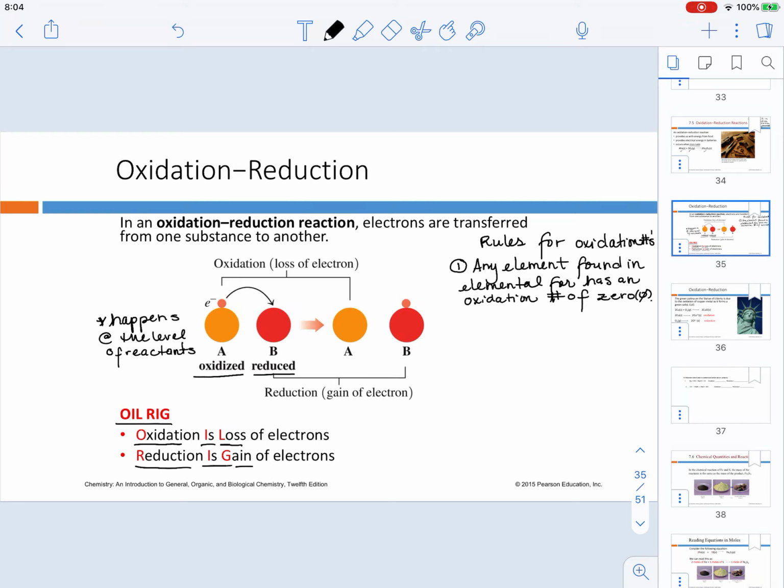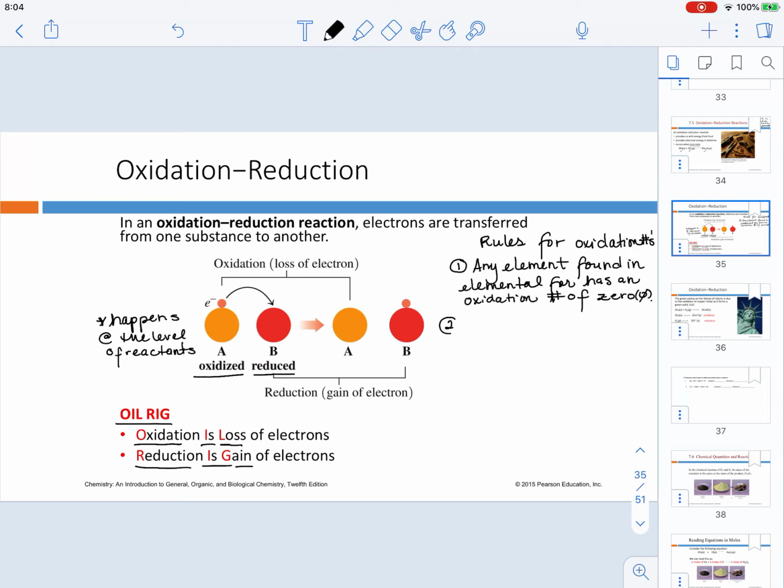For example, a diatomic molecule has an oxidation number of 0. If you have an element that happens to be a metal and you see it in the reactant in metal form, or in solid form, that is going to have an oxidation number of 0.